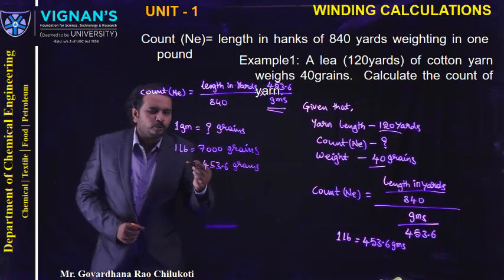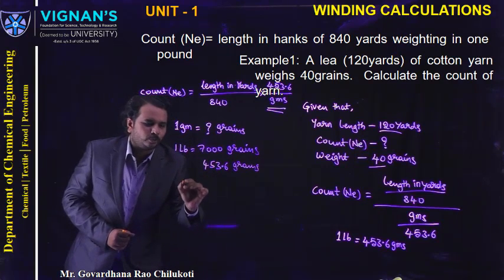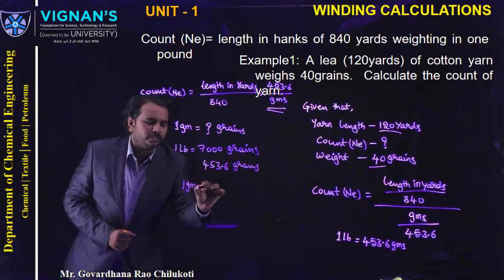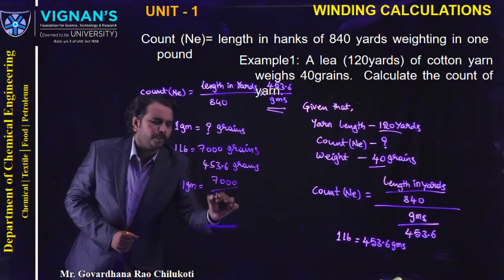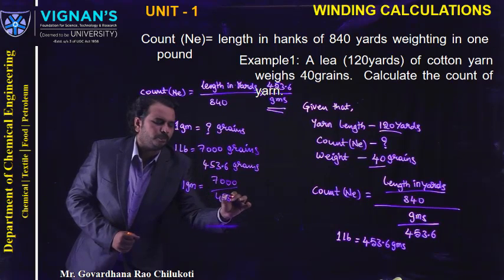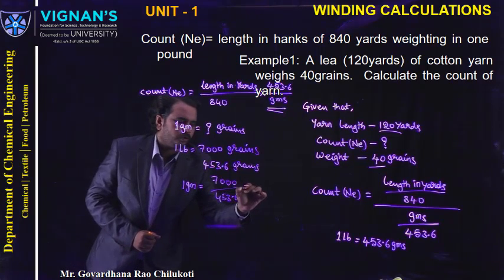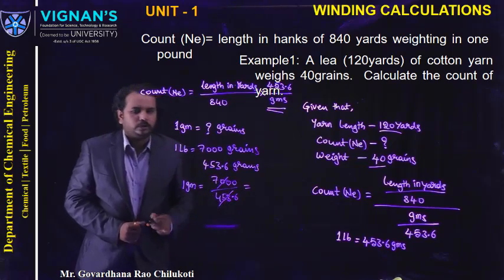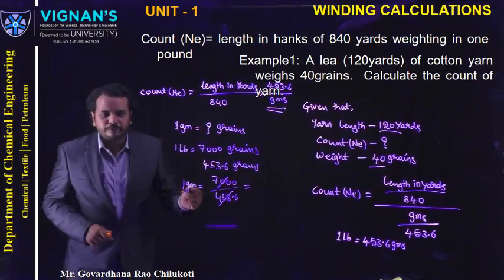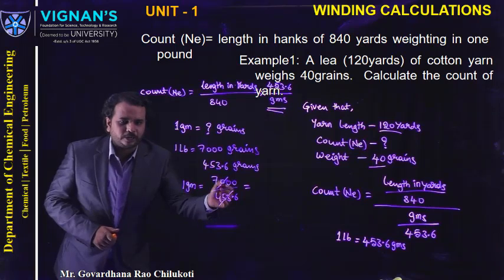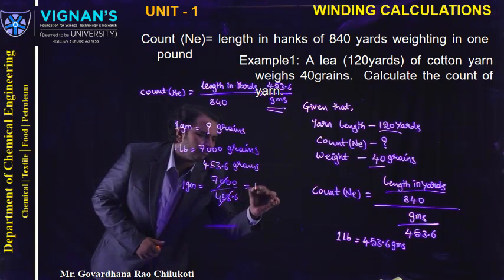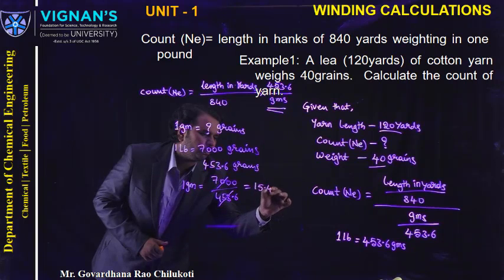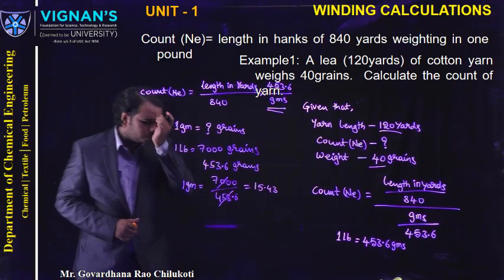Now to calculate, 1 gram is equal to how many grains? 1 gram is equal to 7,000 divided by 453.6, which comes around 15.43 grains.